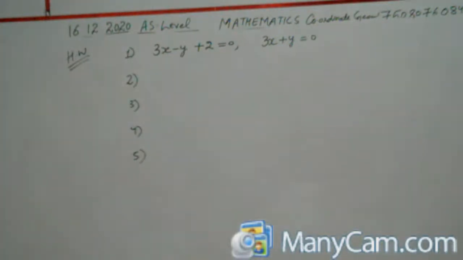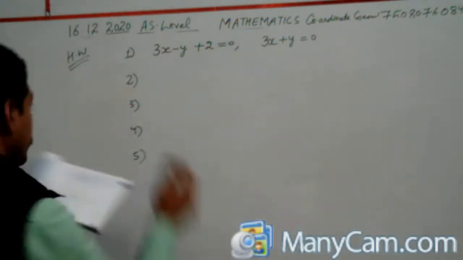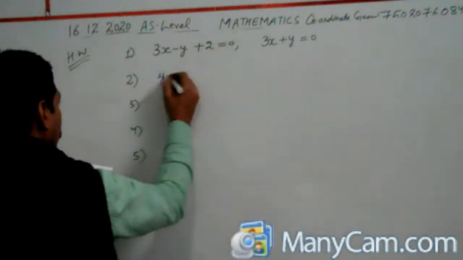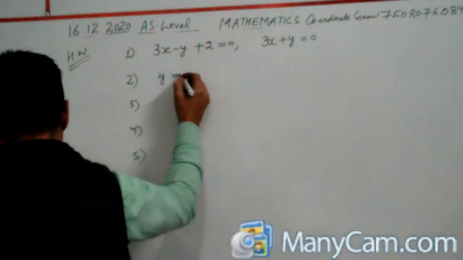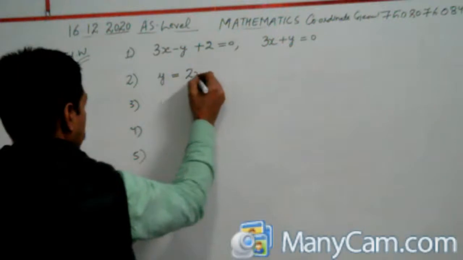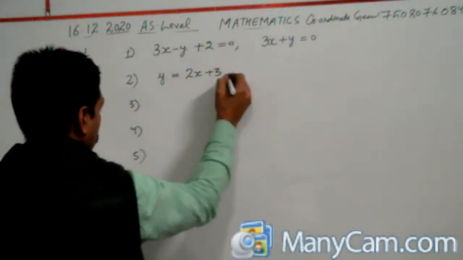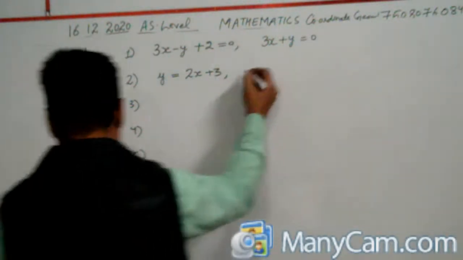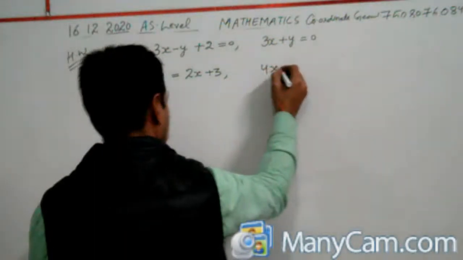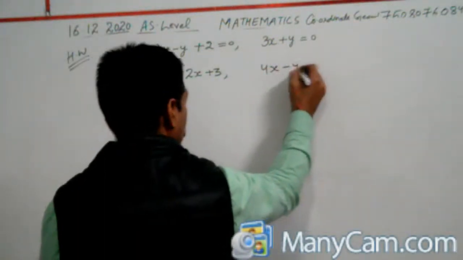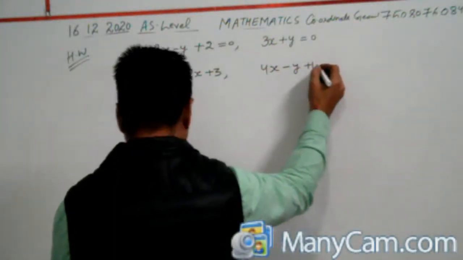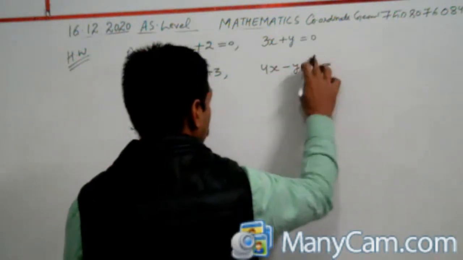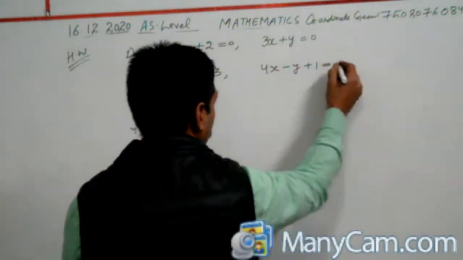Second, please write down the second one. That is y is equal to 2x plus 3 and 4x minus y plus 1 is equal to 0, right?